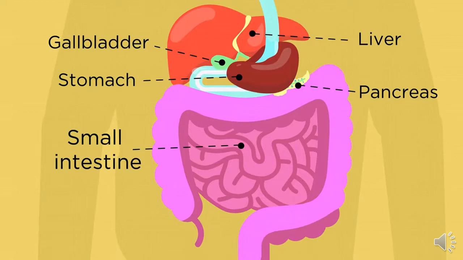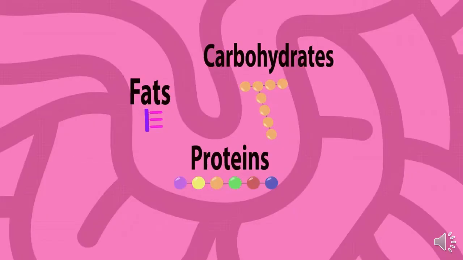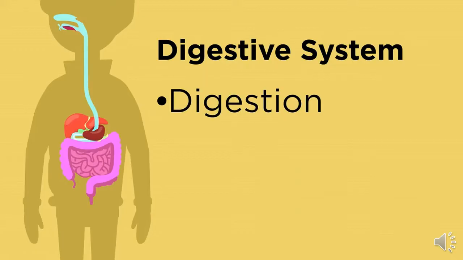So, first of all, this is our digestive system, and these are the digestive glands that help our digestive system to digest the nutrients. What are the nutrients that we digest? We digest fats, proteins, and carbohydrates. So the first step in our digestive system, as we said, is digestion.